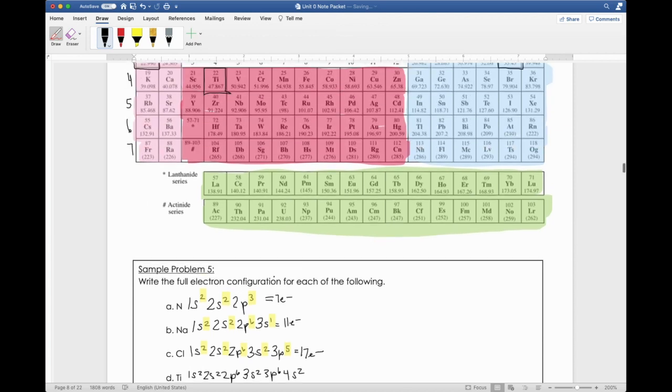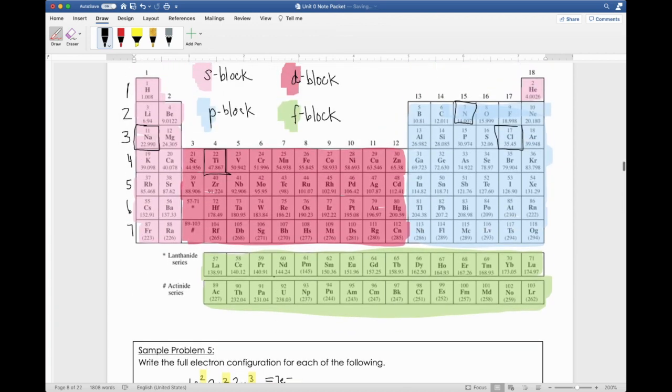Like I said, you can pause this video and do that for yourself, but you can double check your answer here. When you approach the d block, now it starts to get a little interesting because these electrons don't actually go into the fourth energy level. You'll see that even though all of these elements look like they're in the fourth, they actually go in the third.